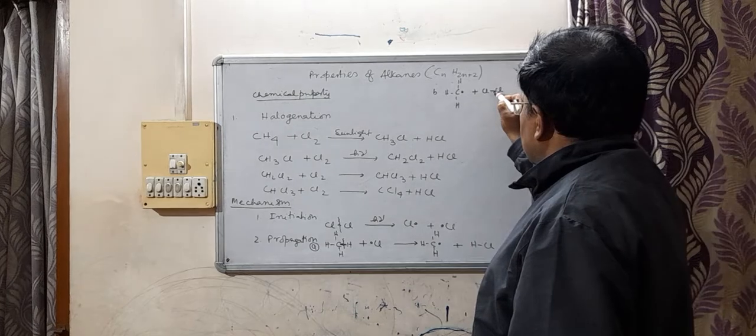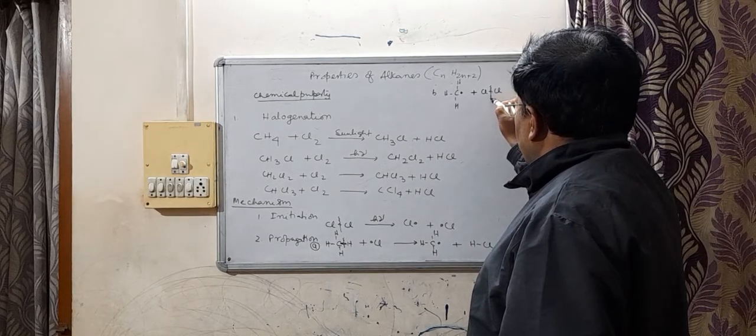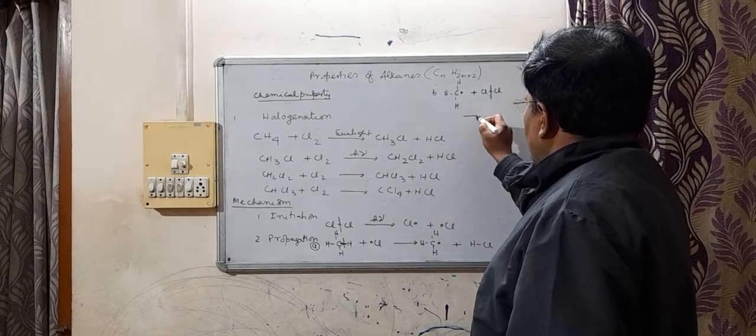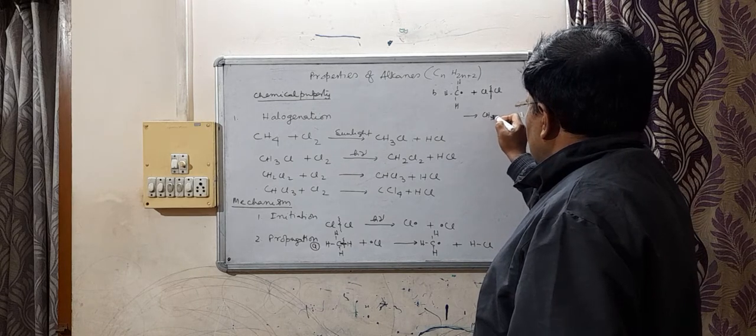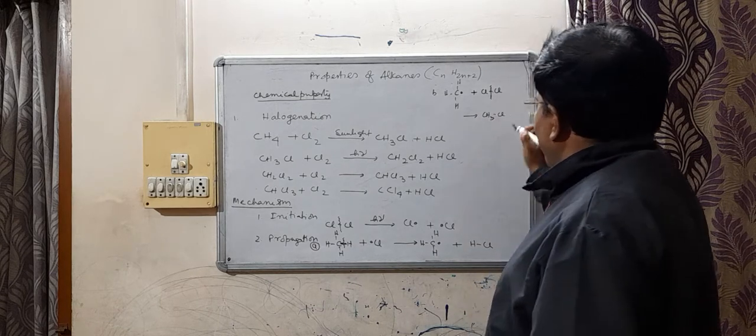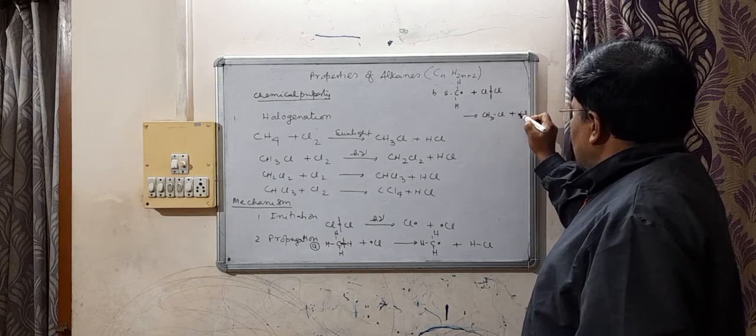Then again homolytic fission takes place, and we get CH3Cl plus Cl dot.